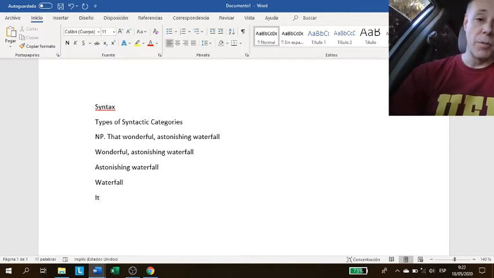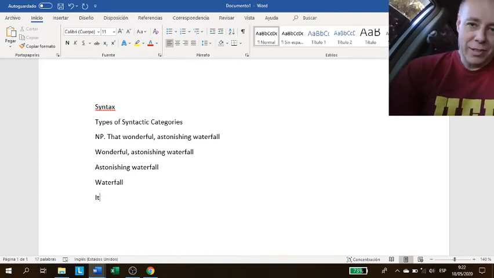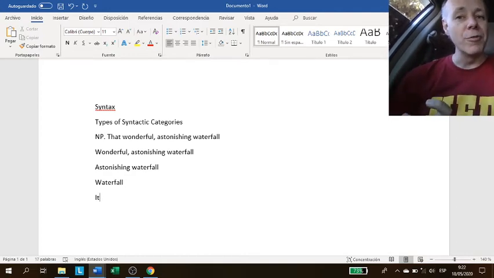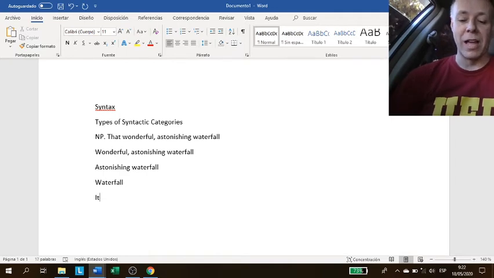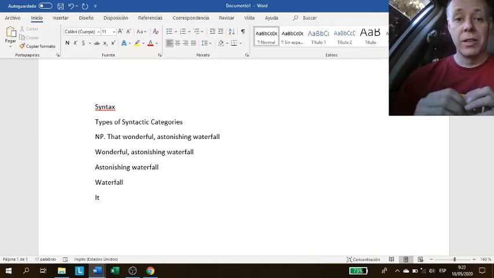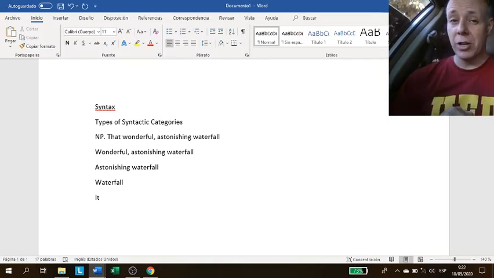Pronouns are also part of noun phrases. So if we see a pronoun, that's a noun phrase, because pronouns are parts of noun phrases too. Clear? So in English, nouns are usually located at the end of the phrase.